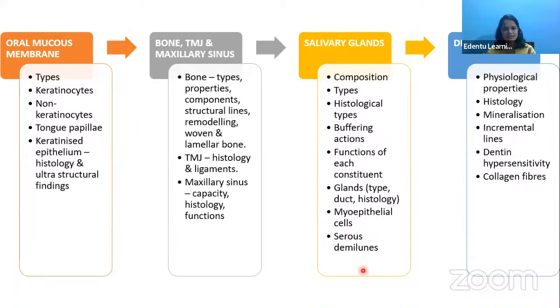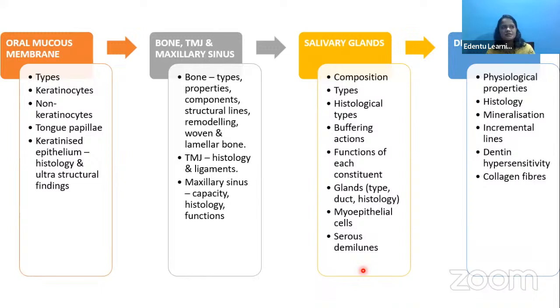In the keratinized epithelium, study the four layers, and you should also focus on the ultrastructural findings of each layer. Ultrastructural findings means all the cell junctions and the bodies present inside the cell, like the Odland bodies, the keratohyalin granules and tonofilaments. You should be aware of all that also, and the staining characteristics too, if you can.